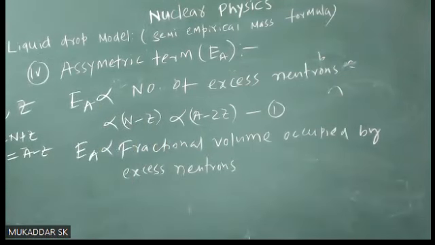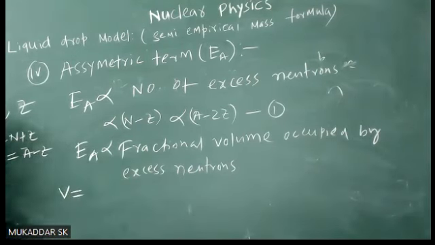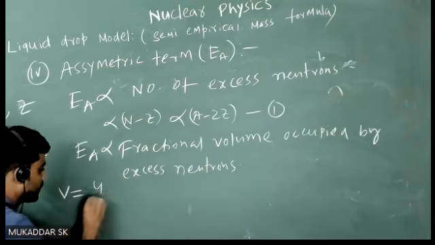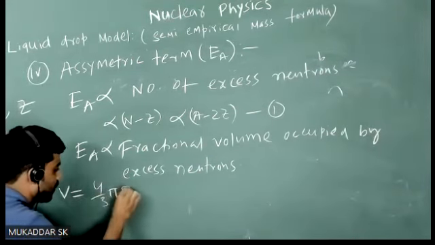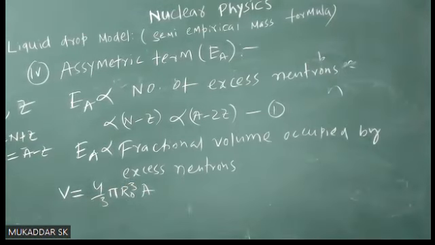Now, suppose you have a nucleus whose volume is V, and that will be 4/3 pi r naught cube A. This is the total volume of your nucleus.